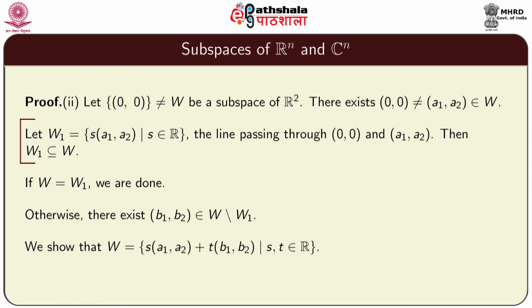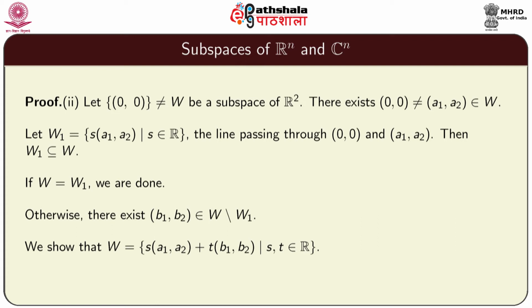Let us take W1 to be all the scalar multiples of A1 comma A2. You know what that geometrically means. It is nothing but the line passing through the point 0 comma 0 and the point A1 comma A2. Since A1 comma A2 is in W and W is a subspace, therefore, W1 is contained in W. If W is equal to W1, then we are done.